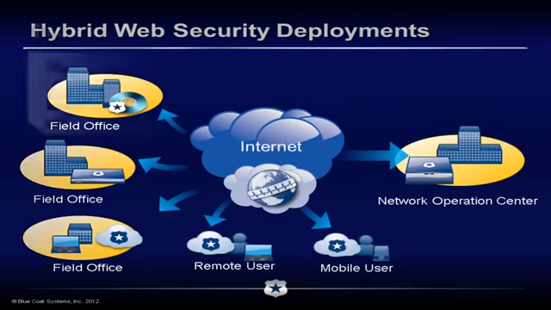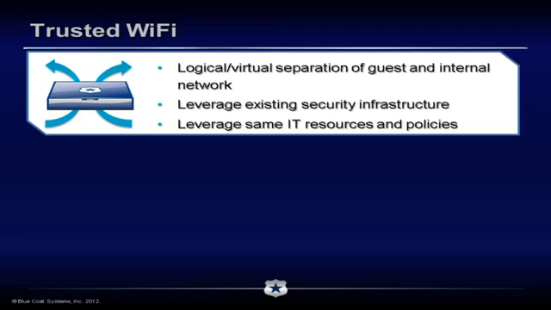So let's talk a little bit about specific initiatives. The diagram that you saw before is very high level at best. If you look at a trusted Wi-Fi solution, for example, you'll notice that there is a need for logical or virtual separation between one network and another. What's the best way to do that? You want to leverage the existing infrastructure and use the same solution to secure both networks.